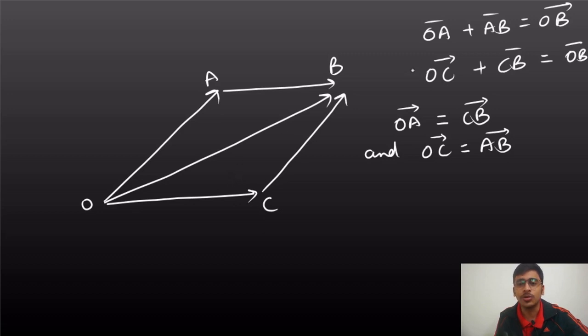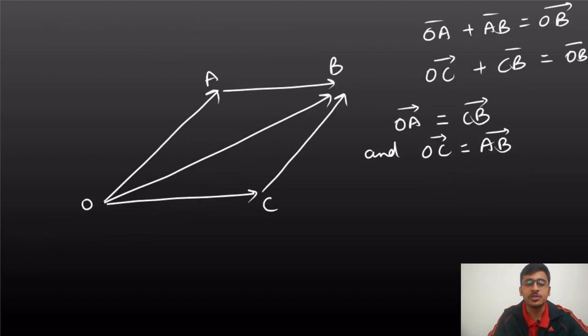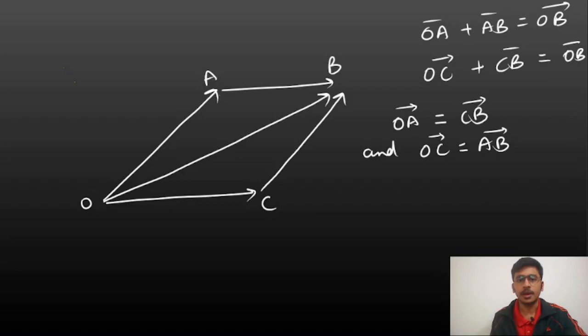Okay. So this is how I can form a parallelogram from the triangle law of vector addition. This was the triangle law of vector addition. This was the parallelogram of vector addition. And if we look at this picture, if I want to find this AC vector, how can I travel from A to C? Okay, so let us understand this. Let's say I'm considering this OA vector.